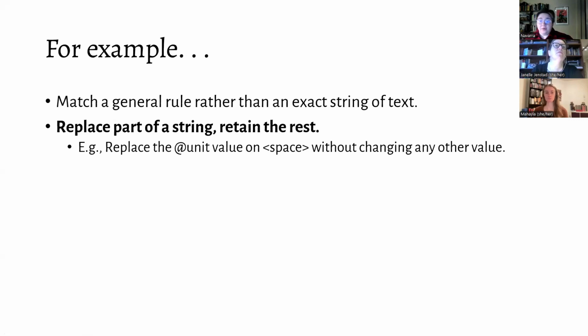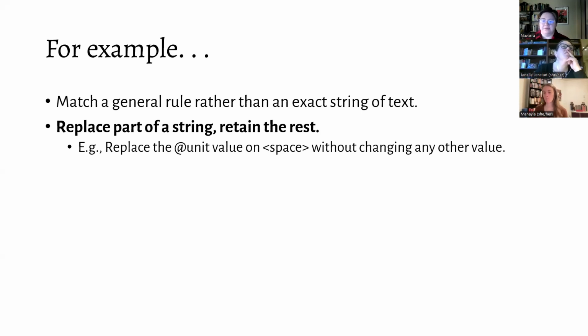And then once we've found our string or our bunch of strings, we can replace part of it while retaining the rest. That's what happens in that find and replace that I showed earlier. We remove the facts attribute, but we retain the PB element. We can also do things like replacing the value of the unit attribute on the space element.